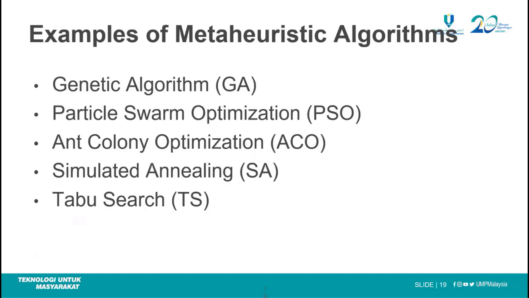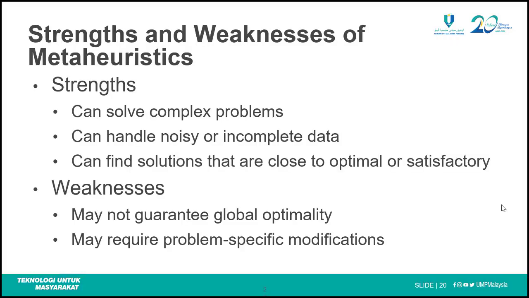So some examples of metaheuristic algorithms. The most popular are genetic algorithm, particle swarm optimization, ant colony optimization, simulated annealing, tabu search, and there are many more. Okay, so these are some of the popular metaheuristic algorithms. These are the strengths and weaknesses of metaheuristic algorithms.